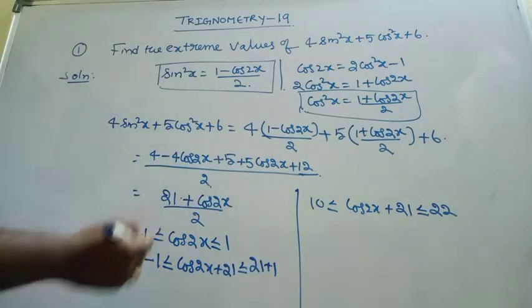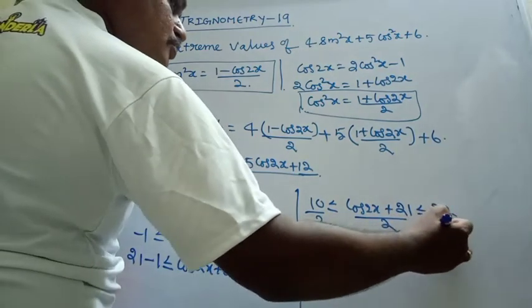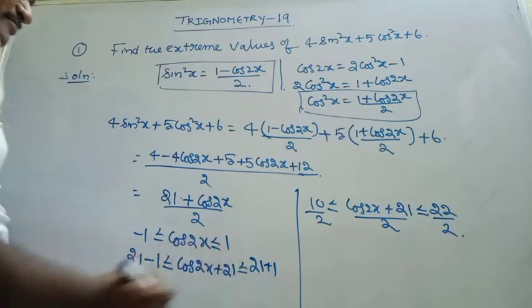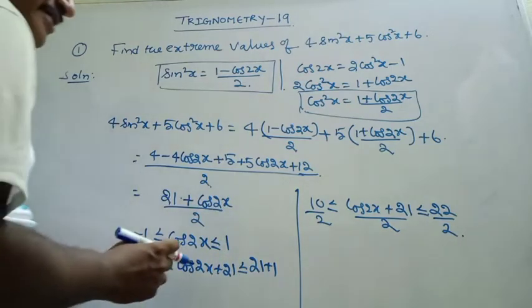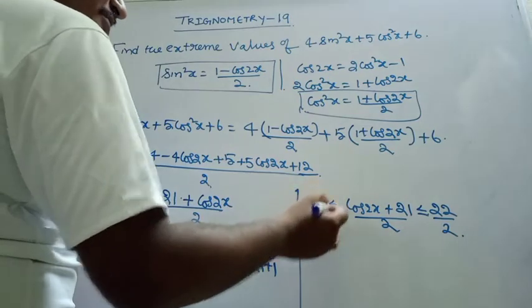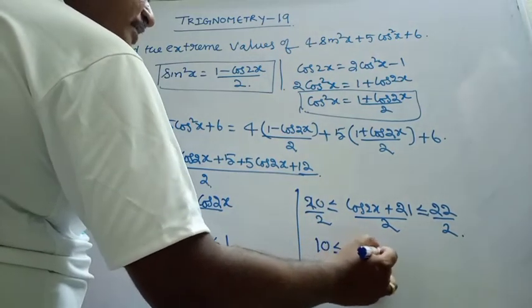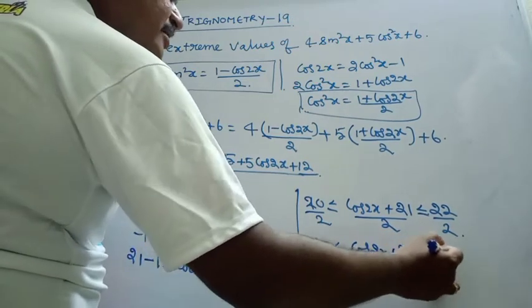Now divide by 2. 21 minus 1 is 20, and 20 by 2 is 10, so 10 is less than or equal to (cos 2x plus 21) by 2, which is less than or equal to 11.